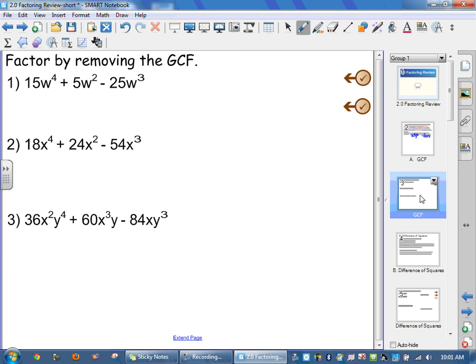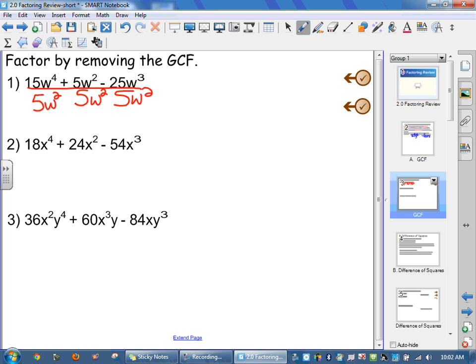Let's take a look at how they would actually look if we put them in brackets. All of these can divide by a 5. When there's more than one term, I like to put it right underneath each of them so I don't forget to divide them. What is your least amount of W's that can come out? 2. Good. So W squared is on the bottom.